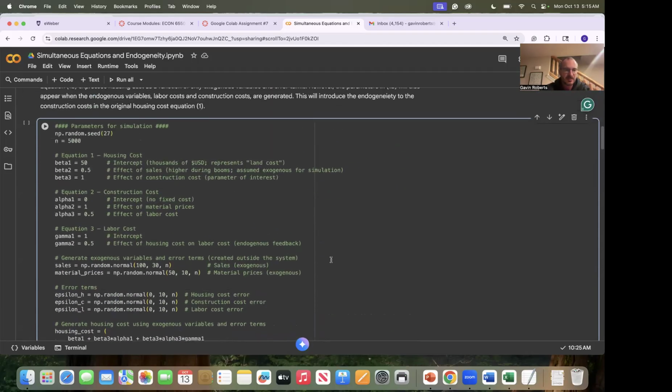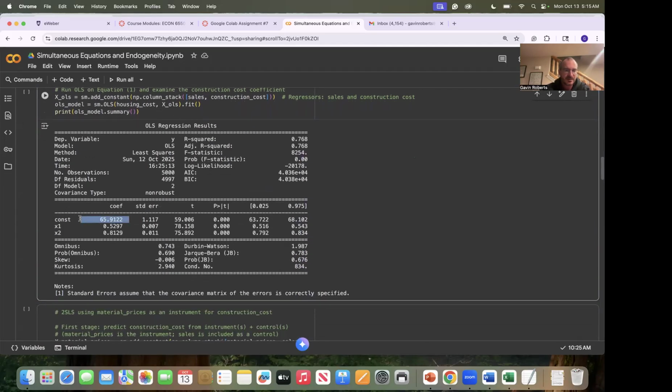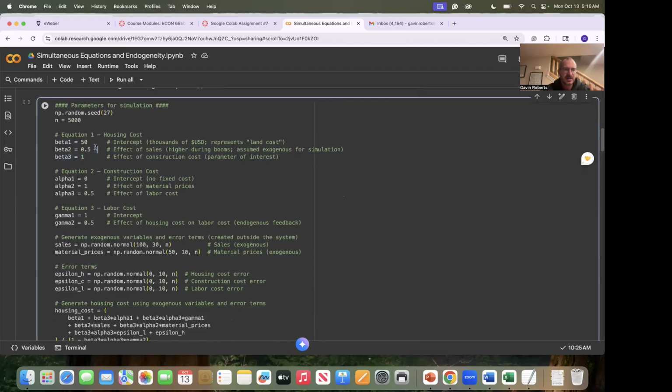Now we set our coefficient of interest, beta 3, at 1. So beta 1 is our constant, that's 65. X1, that is our coefficient on sales, that's 0.5297. Our coefficient on X2, construction costs, is 0.8129. So about 20% too low, right? Because 1 is what we set it at. We can look at this one too. So sales is 0.5.